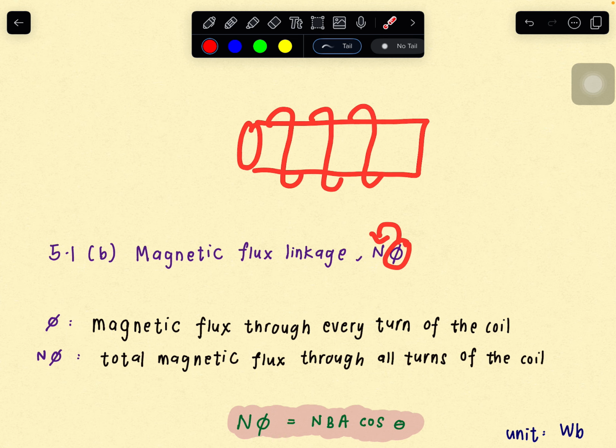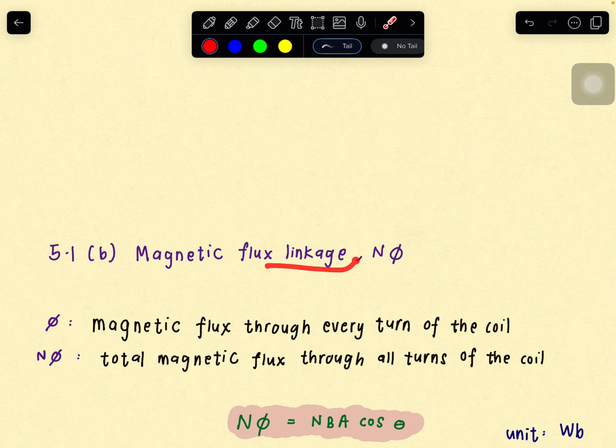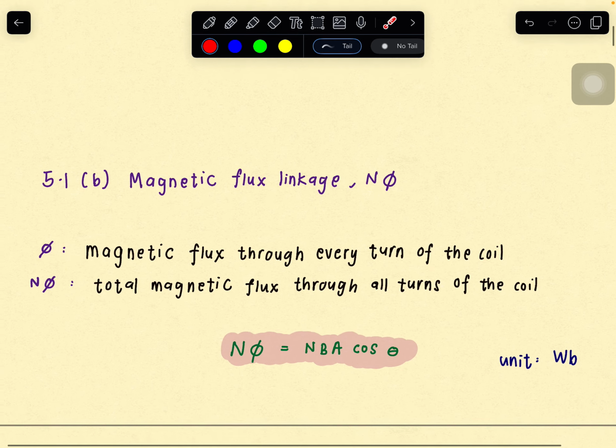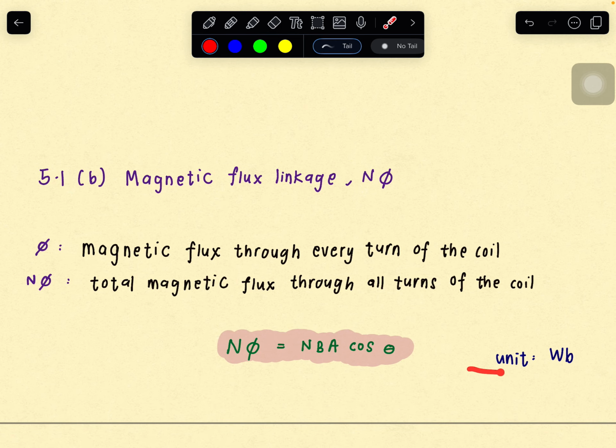Okay, berapa banyak wire, berapa banyak turn yang dia ada. So kita darab lah, contohlah number of turn dia 10. So just darab sahaja. Itu beza dia. Bila ada perkataan linkage, maksudnya kita darab dengan number of turn. So unit dia masih sama. Okay, unit masih Weber ataupun Tesla meter square. Cuma darab dengan N sahaja.